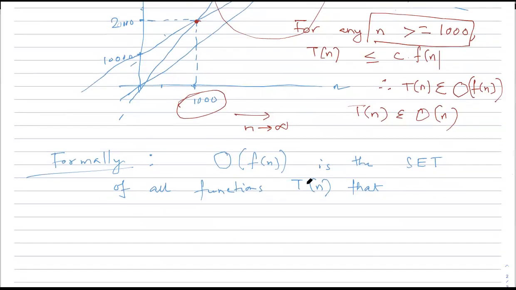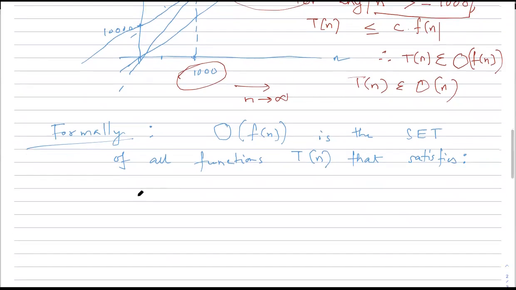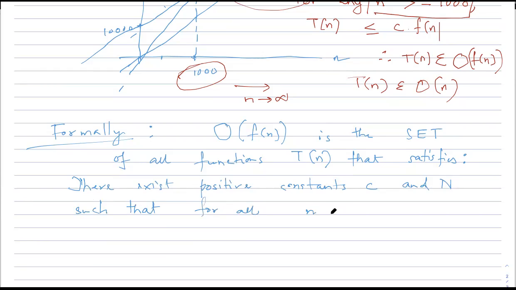So there are many such T of n. So it's the set of all functions T of n that satisfies the following: there exist positive constants C and N such that for all n greater than or equal to capital N, T of n is less than or equal to C times f of n.